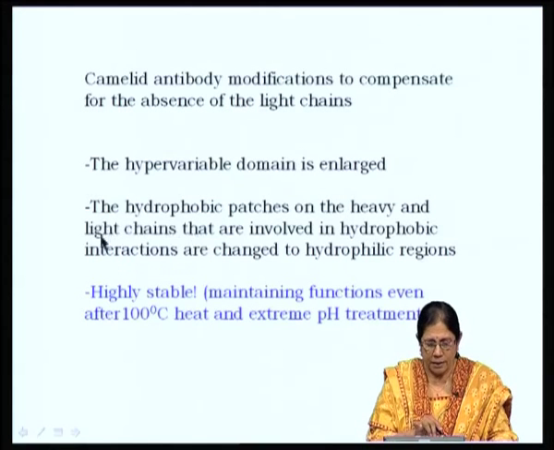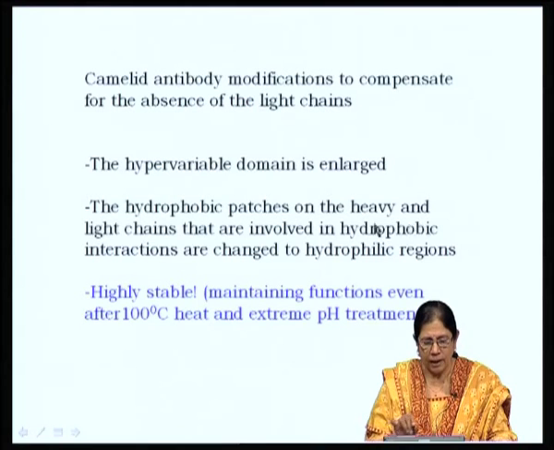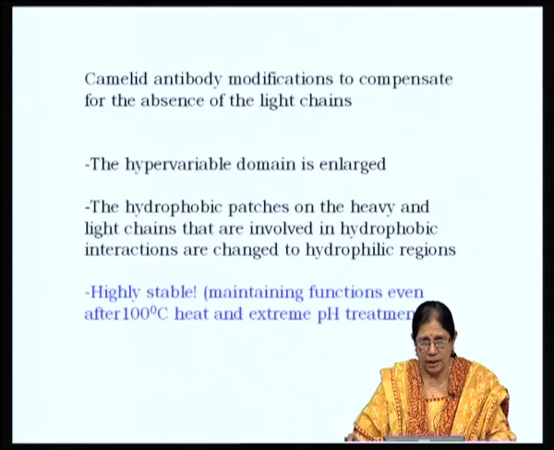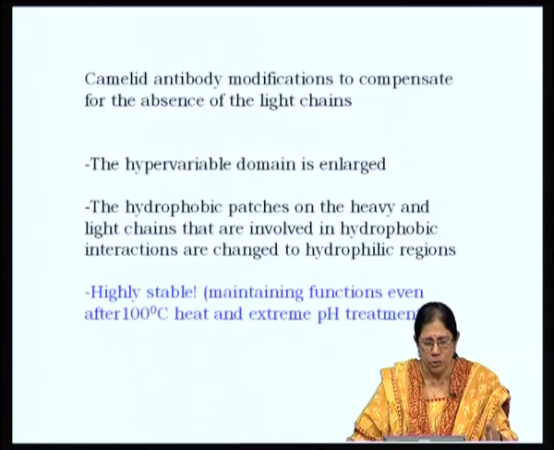Importantly, the hydrophobic patches on the heavy and light chains that are involved in hydrophobic interactions with each other are changed to hydrophilic regions. So, hydrophilic amino acids would not bring about this cascade of precipitation as one sees when the classical antibody is reduced to separate the light and heavy chains.